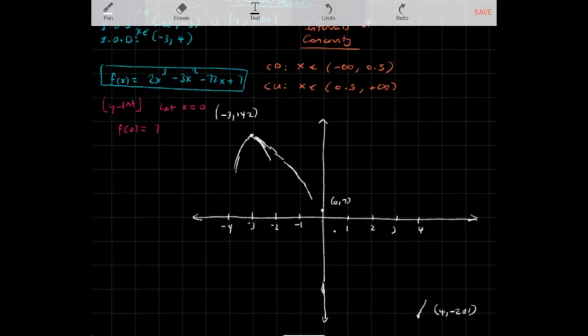Maybe we should use a different color for this. What I want you to do is just plot the points. So this is (0.5, -29.5). The scale of this graph is going to be a little bit much, so I'm just going to recreate that really quickly.